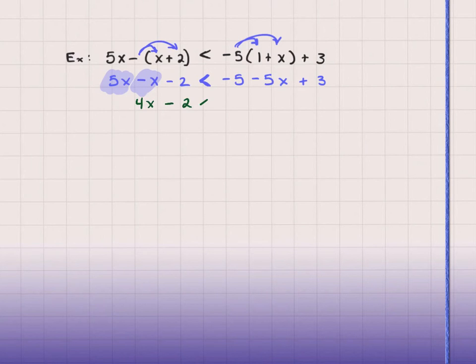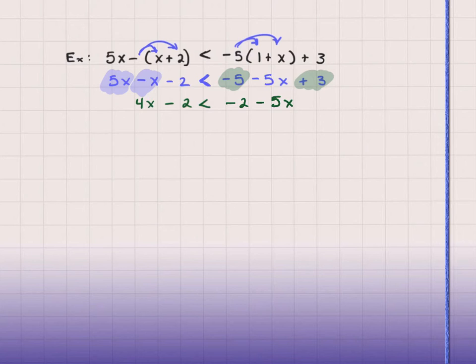Minus 2 is less than, and on the right-hand side I think we've got a couple of like terms as well. We've got this negative 5 and 3, so those can be squished together. Negative 5 plus 3 is negative 2. So we haven't moved anything from one side of the inequality to the other. All we've done is simplified each side.